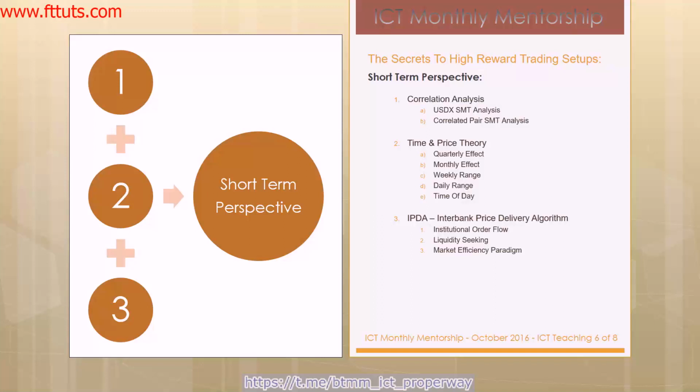We can have the correlation analysis give us an indication that we're going to be bullish on dollar, which would be bearish on foreign currencies. And time and price theory, okay, quarterly effect, maybe we've seen the market moving higher in recent months, and we're probably getting ready to go into a down cycle, and that would lend well to being short on foreign currencies.